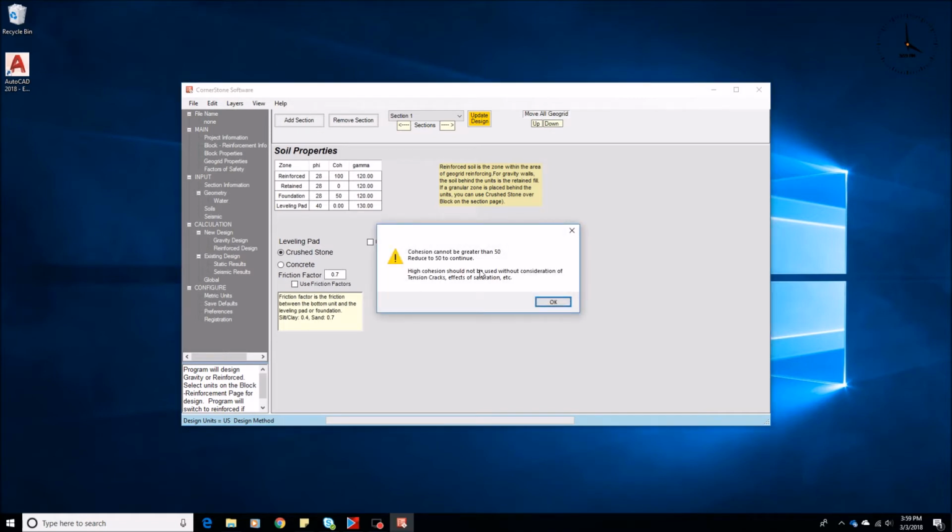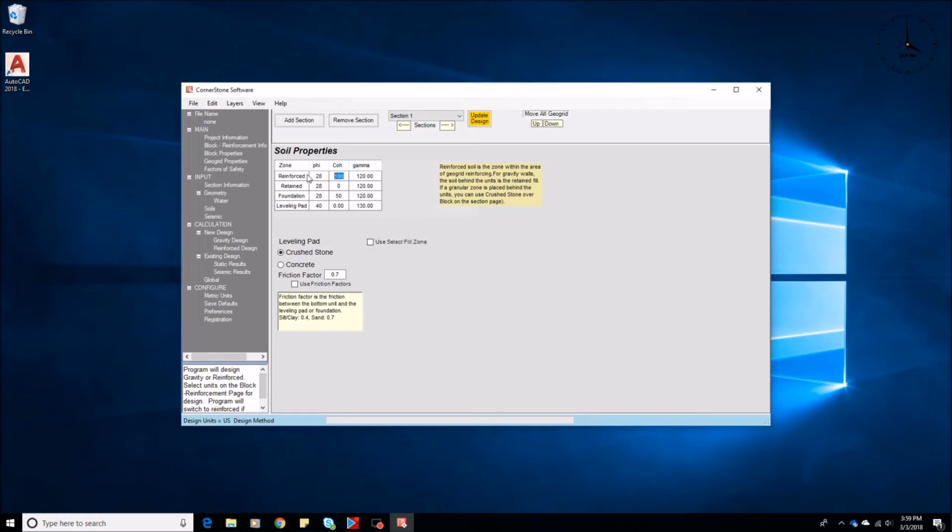We try to put something in that cannot be greater than 50 pounds, and high cohesion should not be used without consideration of tension cracks, effective saturation, etc. So we tend to limit cohesion in the reinforced zone to 0. In the retained zone and the foundation zone, we can up those to 100 pounds.